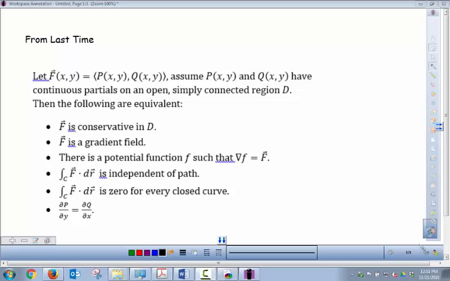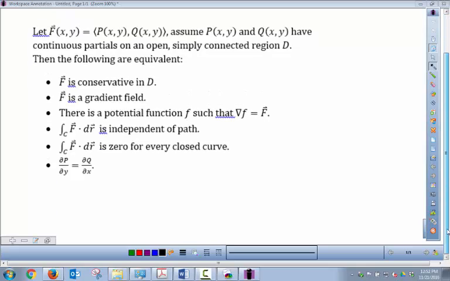So all this is related to, I think we call it the fundamental theorem of line integrals. Isn't that what we called it? Right? Which is straight off of the fundamental theorem of calculus.